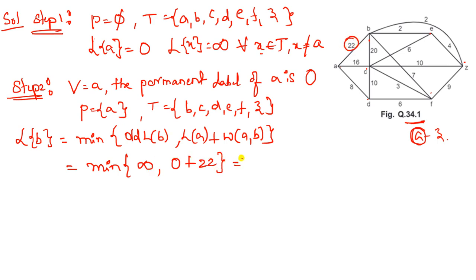So the length of B is 22. You see, in the first step the length of B is infinity, but in the second step we got the length of B equal to 22.